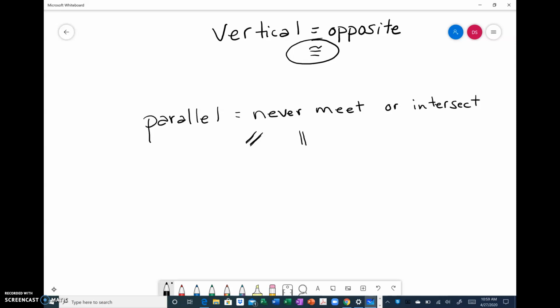When you look in the book at different lines, and if you look down in this parallelogram, which has two pairs of parallel lines, you will see line M and line N, and they just have them sketched there. What I want you to notice, and this is very important, is that there is a little arrow drawn on the line.